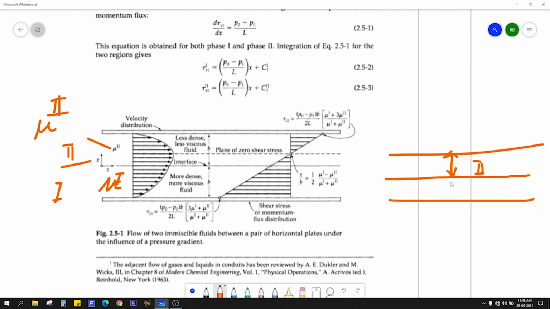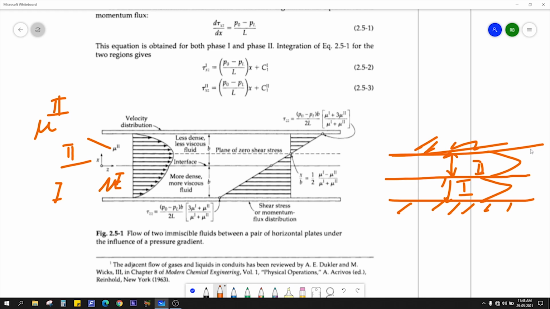Half is filled with fluid 2 and half with fluid 1, and these are the walls. You are asked to find the velocity profile. Will it be the same as before or something different? And also the shear stress profile.